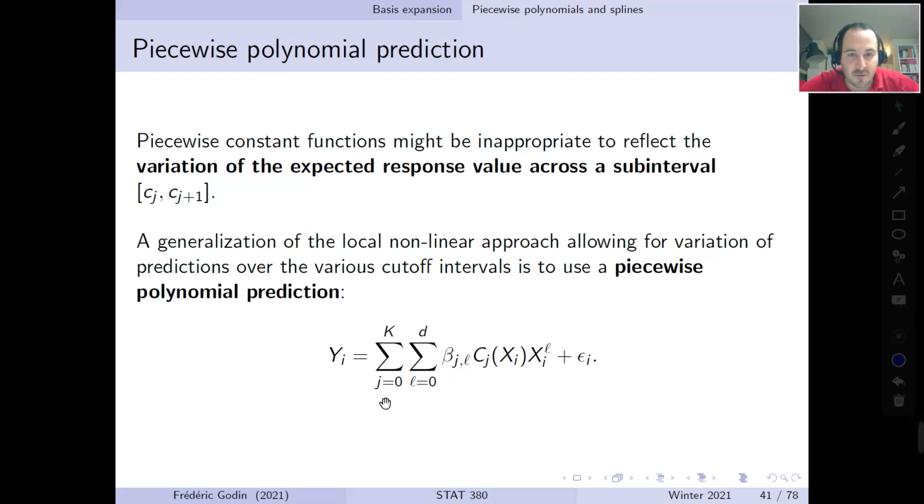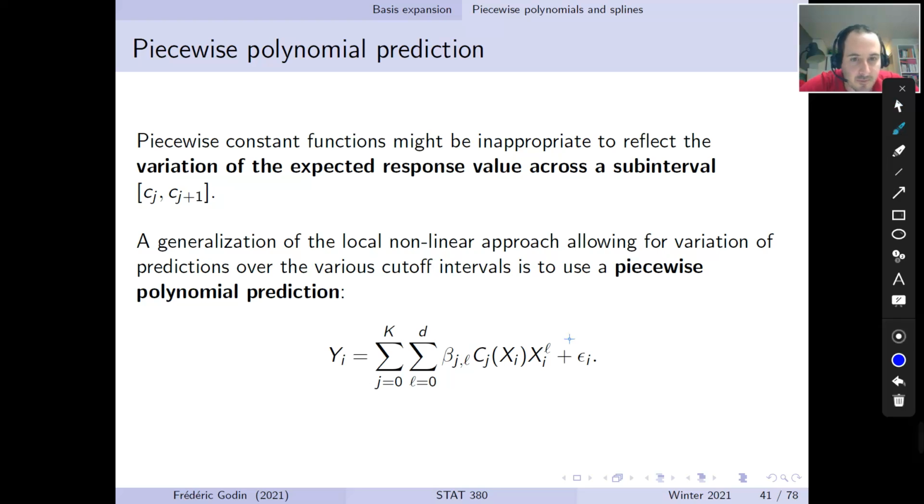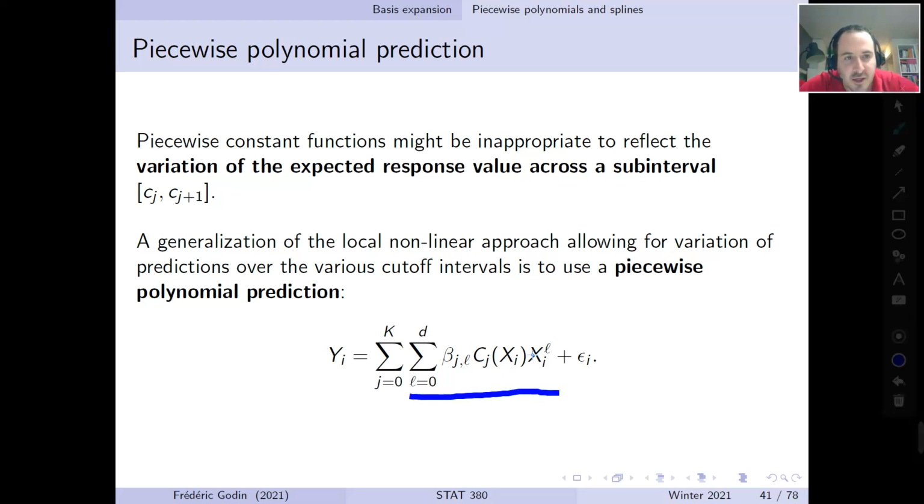And for each subinterval j, you will sum d plus 1 terms here, where each of these d plus 1 terms correspond to one monomial in the polynomial. Okay, so if you fix j, for example, which is one interval, then the predictive function over that subinterval is the following. So here, Cj is just an indicator which is worth 1 if you fall in the proper interval, and then you sum over the Bjl times the predictor to the power l.